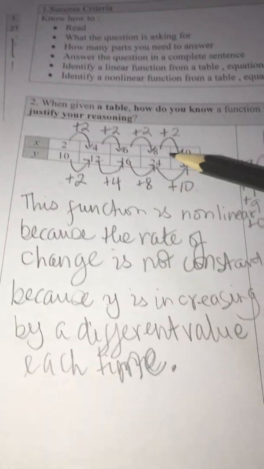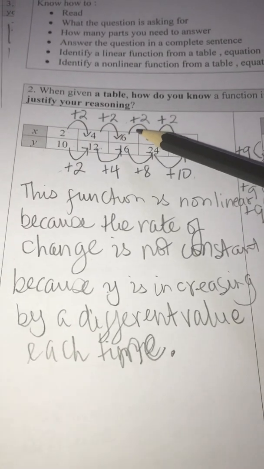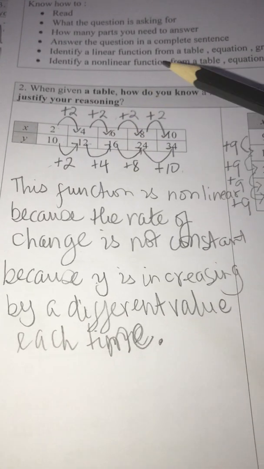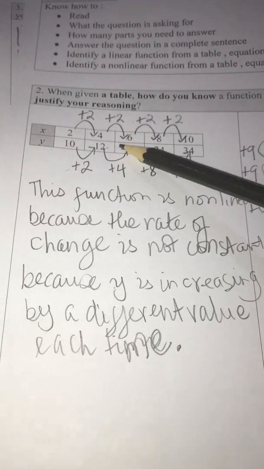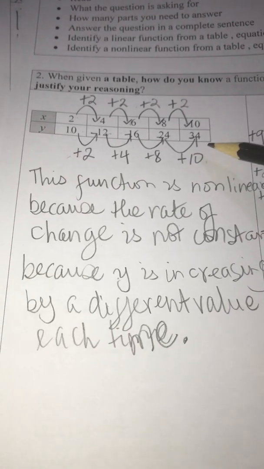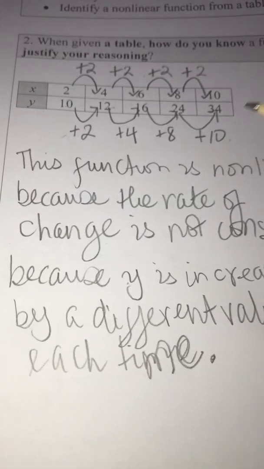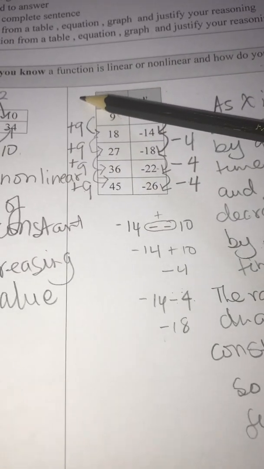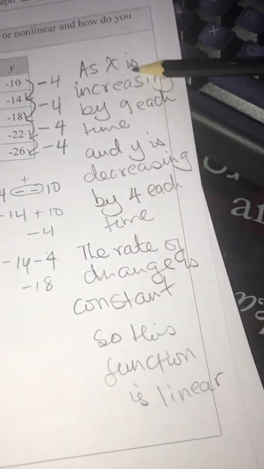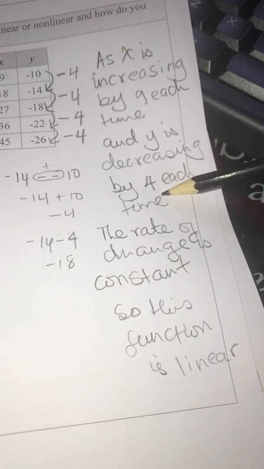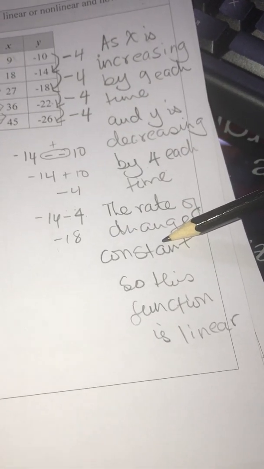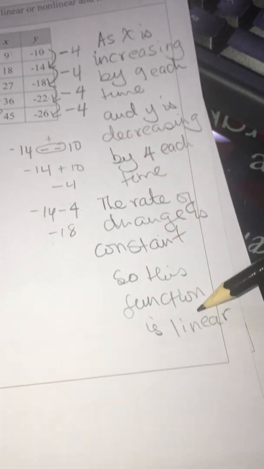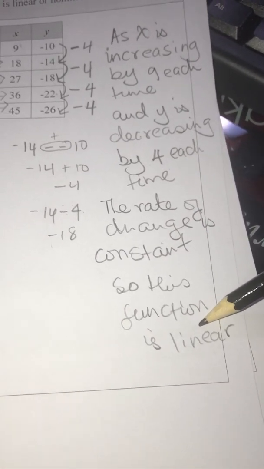The same thing here. When you're talking about nonlinear, you just say which one is not doing the constant. But when you're talking about the linear, you have to talk about both x and y. You have to talk about x and you have to talk about y before you say the rate is constant. And then you say the function is linear.